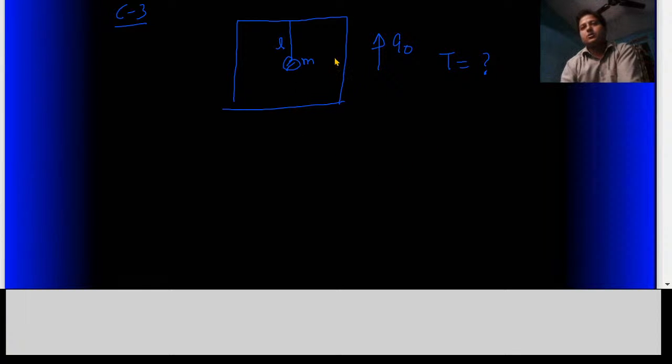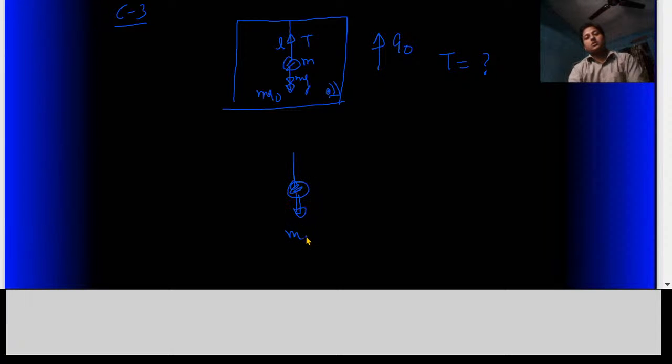If we consider an observer inside the frame, for this non-inertial observer, a pseudo force ma0 acts downward, and mg is the weight, so the overall weight acting on the body is ma0 plus mg, or m into (g plus a0).